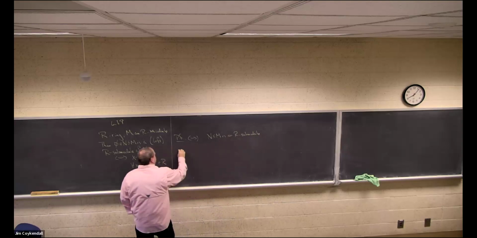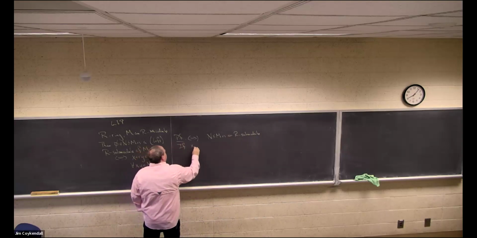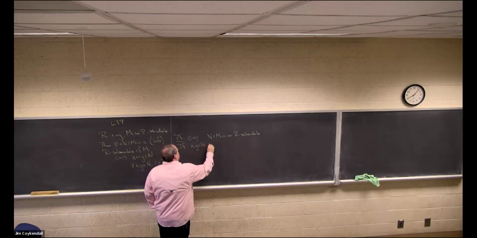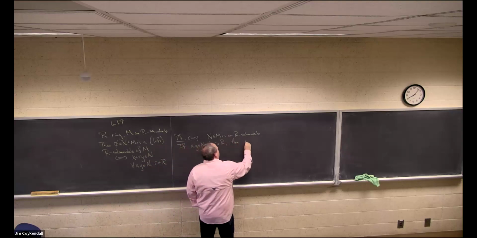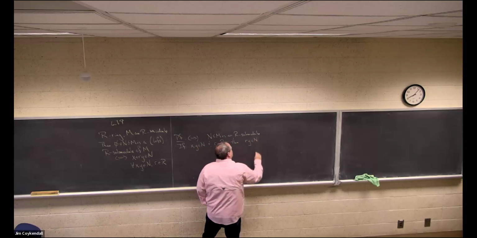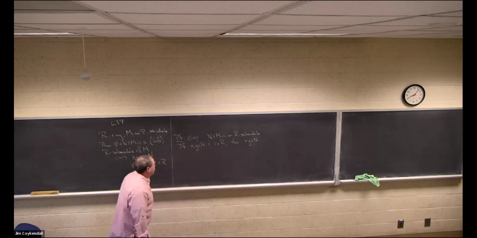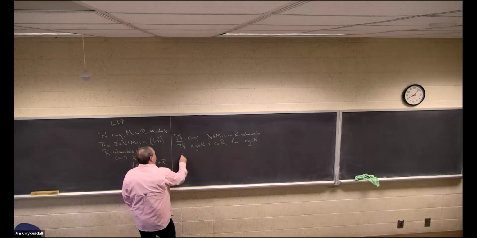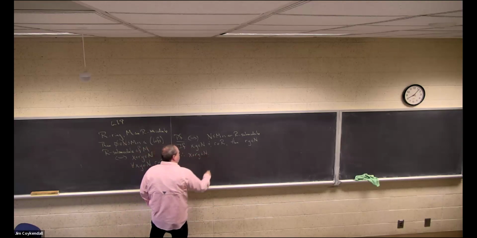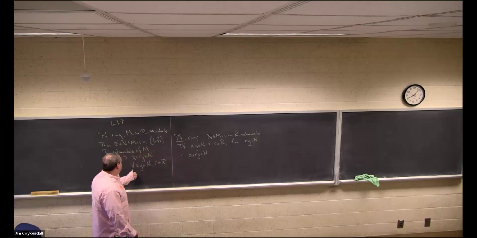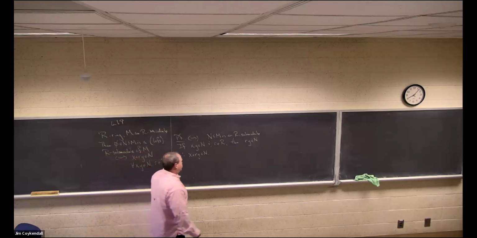If x and y are in N and r is in R, then ry is in N, because it's a left R module. Therefore x plus ry is in N. And there you go.